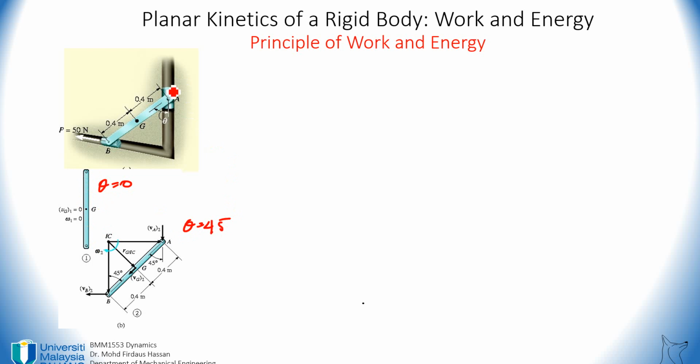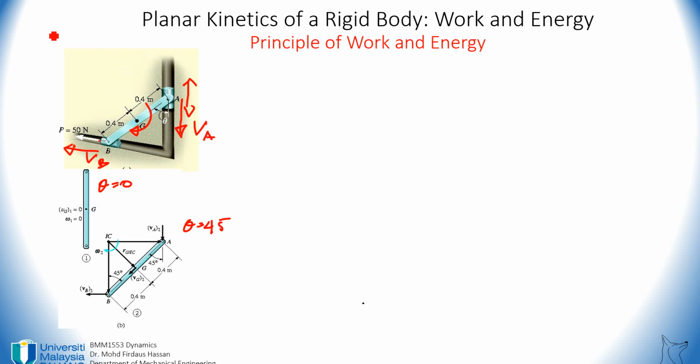Right, since this is a groove slot, it can move up and down. The velocity at this instant is downward. So this is VA. It can go up and down, since this motion is clockwise. So this is VB. Only one component of VB.